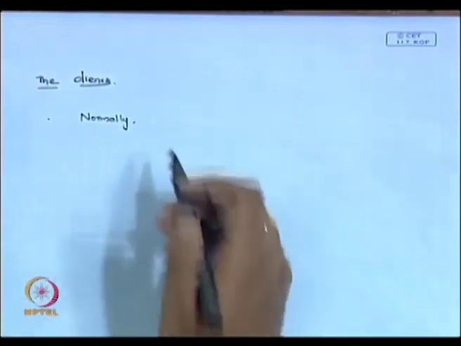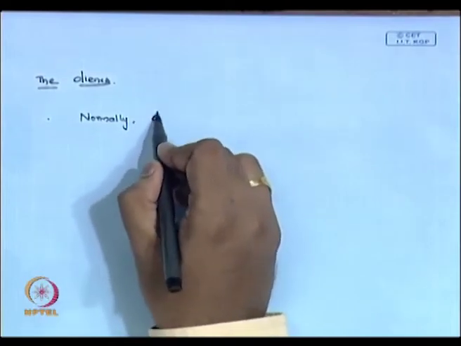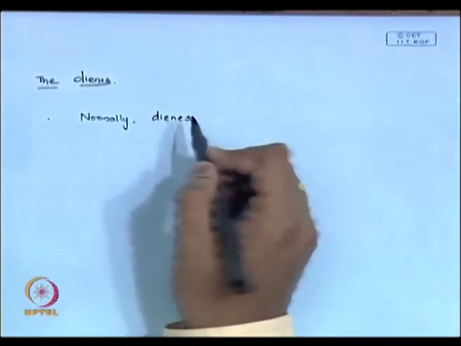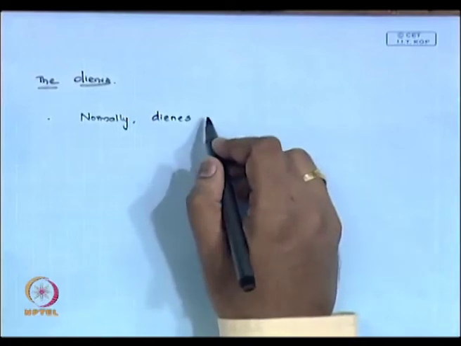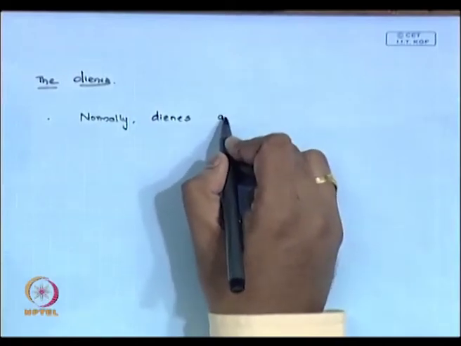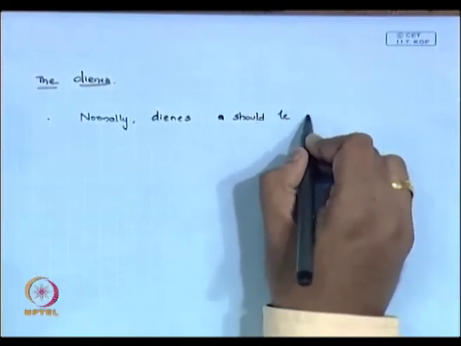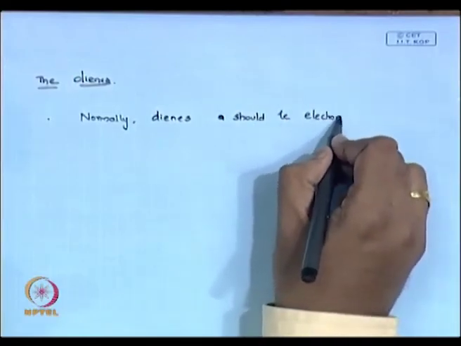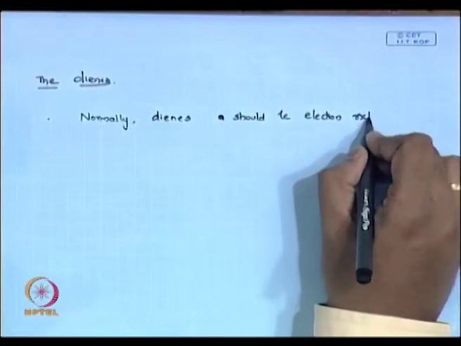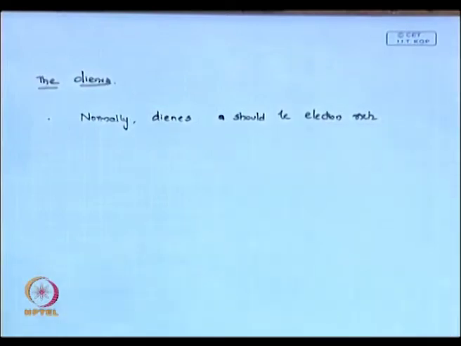I am talking about the double bond. Normally the dienes should be electron rich, right? In Diels-Alder, that is the first thing: dienes should be electron rich for good Diels-Alder reactions to happen.